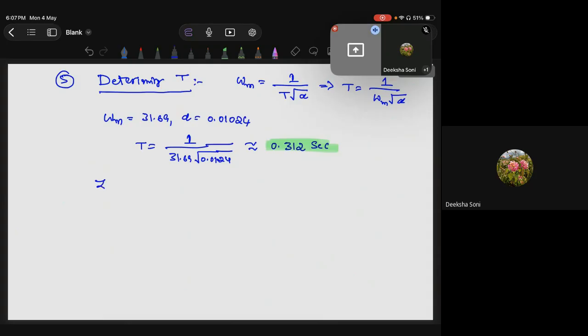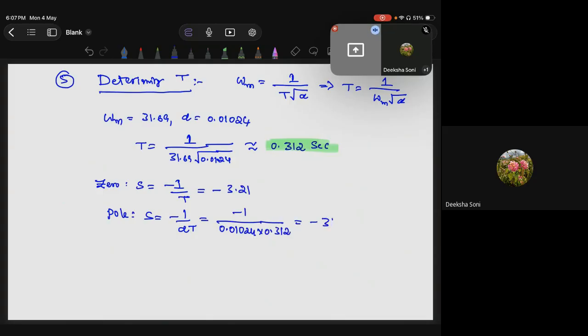The zero is minus 1 by T, which gives minus 3.21, and the pole is minus 1 by alpha T, which is minus 1 by 0.01024 multiplied by 0.312, which is nothing but minus 313.